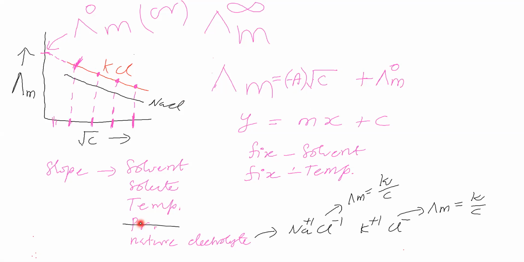Next we will take weak electrolytes. For weak electrolytes, how will the graph be, that point we will see. Here we will take lambda m, molar conductivity, and here the square root of concentration. The weak electrolyte we are taking is acetic acid.